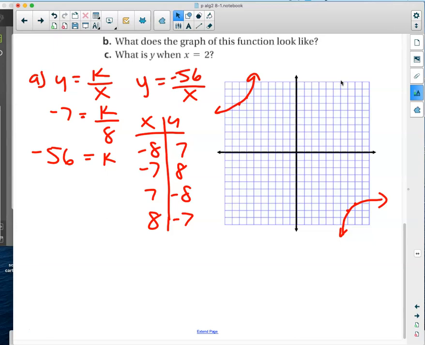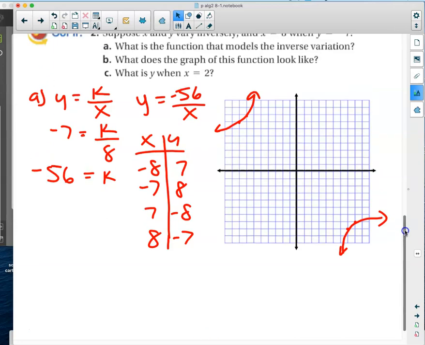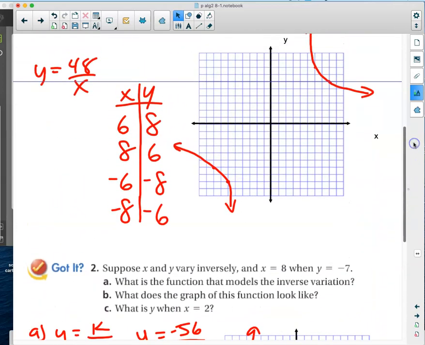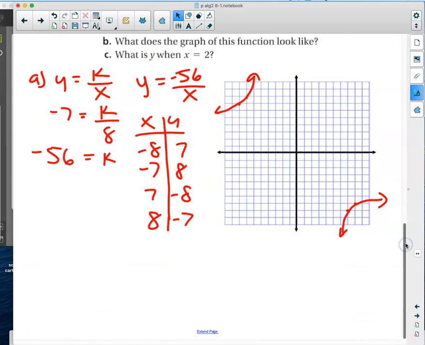Those aren't showing up in the right quadrants. This one we graphed up here before was in quadrants 1 and 3. Remember, it goes counterclockwise. 1, 2, 3, 4. 1 and 3. What do you suppose made this one go into quadrants 2 and 4? And a negative, yeah. And a negative. So instead of quadrants 1 and 3, this one went in 2 and 4. Still a hyperbola.